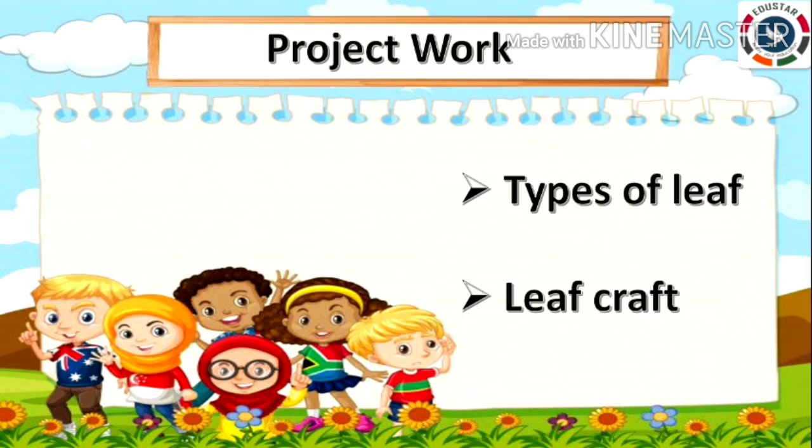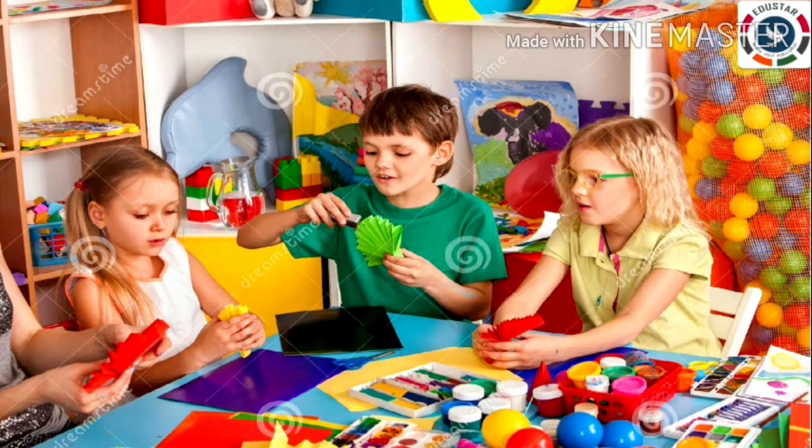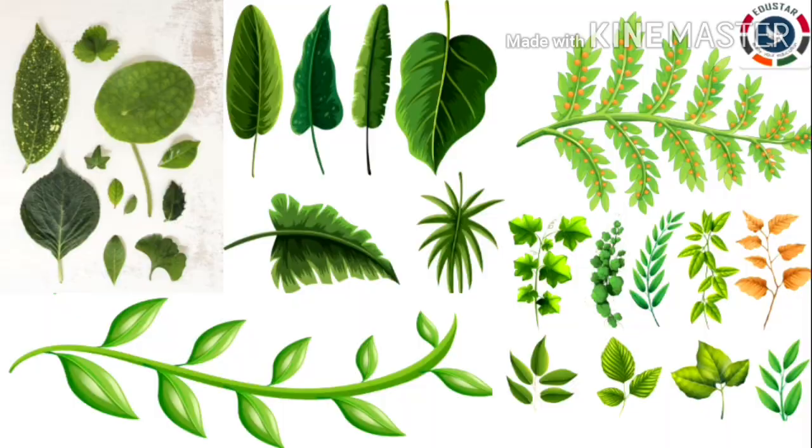If you have a garden, go to the garden, collect different kinds of leaves and paste them on the A4 sheet. You can take 3 A4 sheets for the leaves and you have to write the name of the plant under the leaf. For each leaf you have to write the name of the plant. Okay children? So this will take 3 pages of A4 sheet.